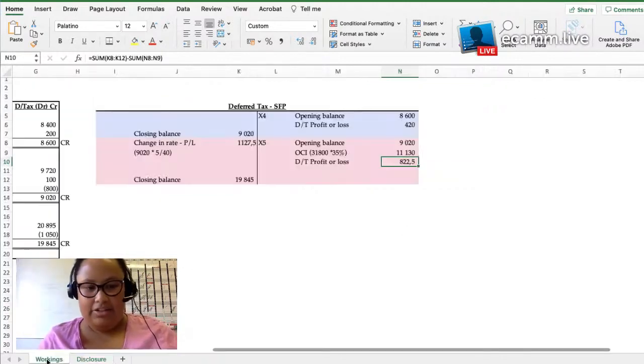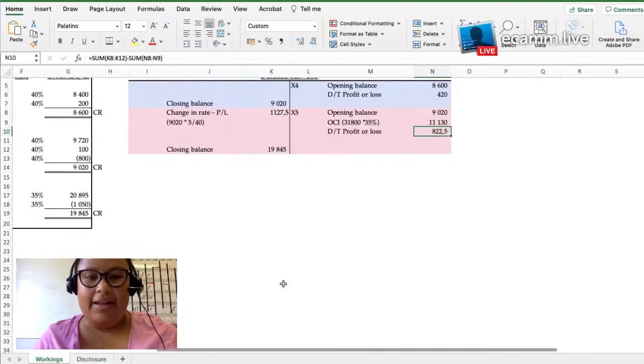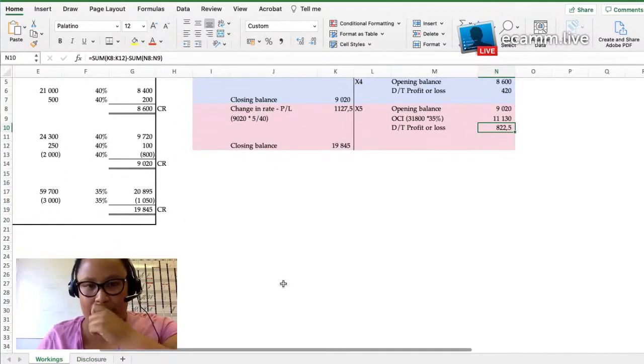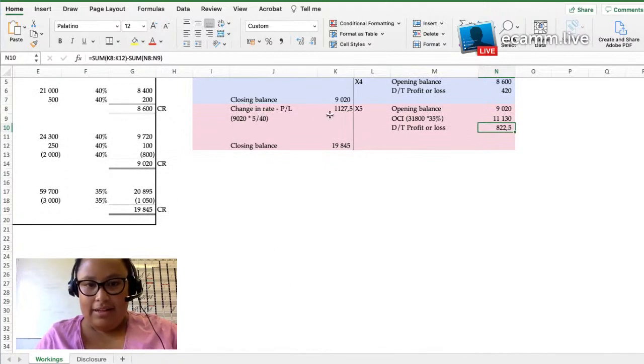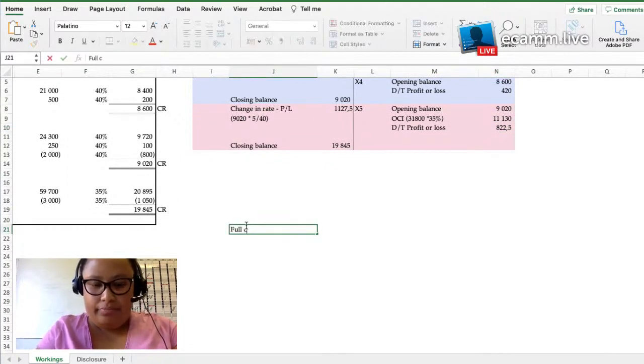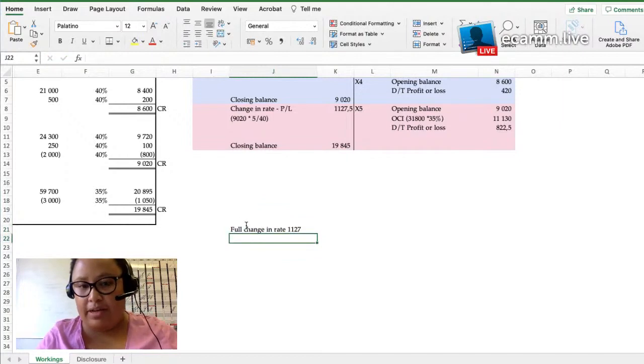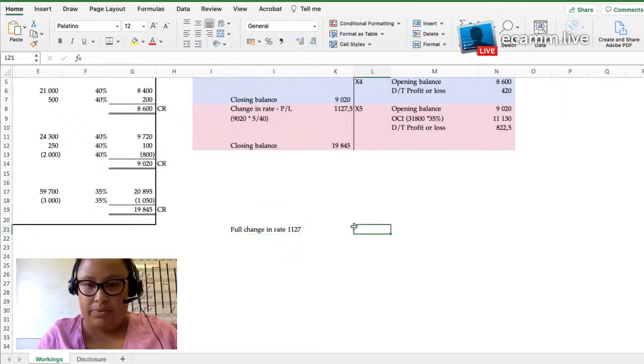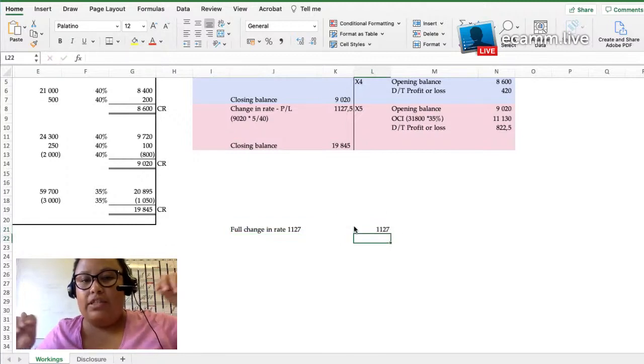Okay, so let's just go back. Let's say my full change in rates was 1127. Let's just imagine that was my full change in rate, the full change in rate that I had calculated on the balance.